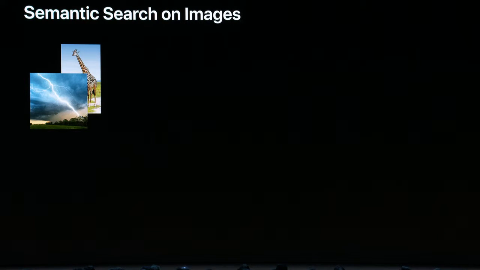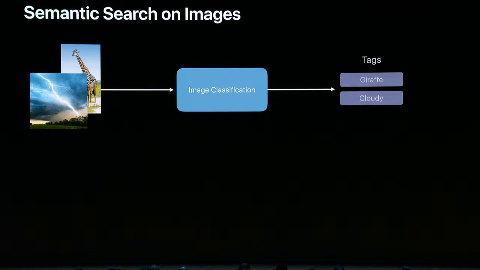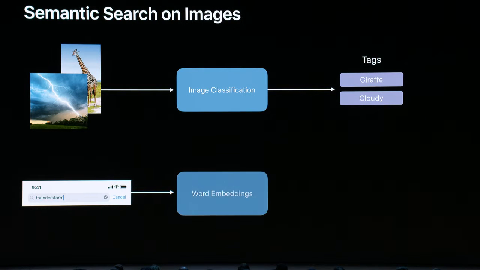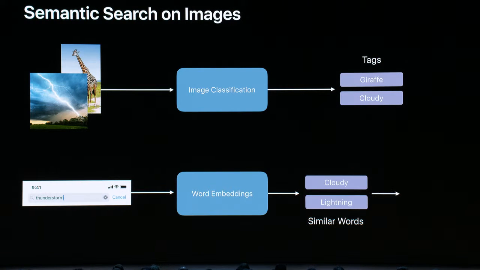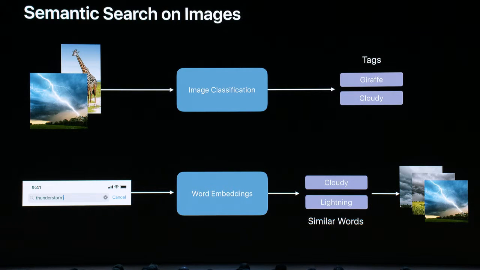This is how you will do it. You will run your image classifier on the images, or you can use inbuilt image classifier to generate the tags. When the user types something like thunderstorm, you can use word embeddings to generate similar words and find the images that match these tags.